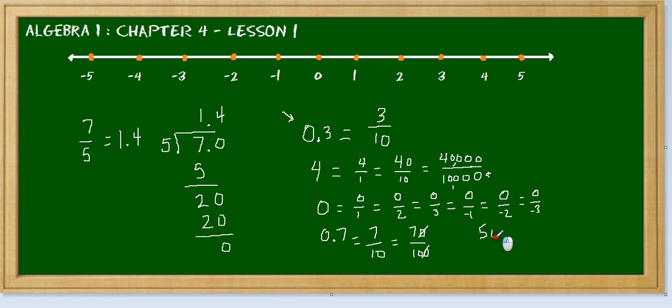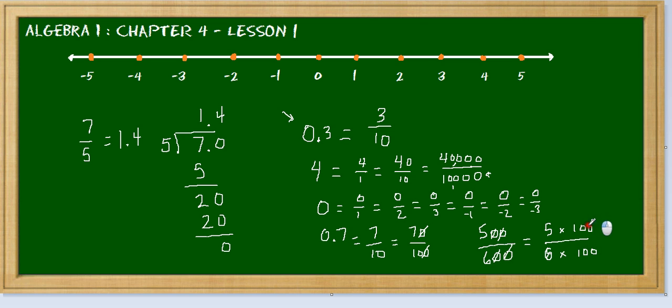So if I had 500 divided by 600 and I wanted to simplify that, well, I can get rid of 1 zero here, 1 zero there, then 1 zero here, then 1 zero there. And that gives me 5 over 6. And is that equivalent? Well, sure, because it's the same as saying 5 times 100 over 6 times 100, right?